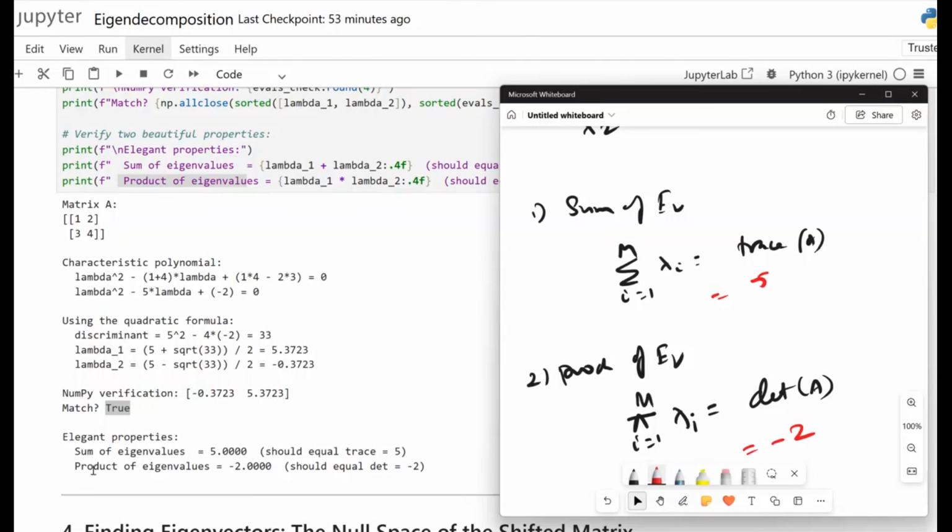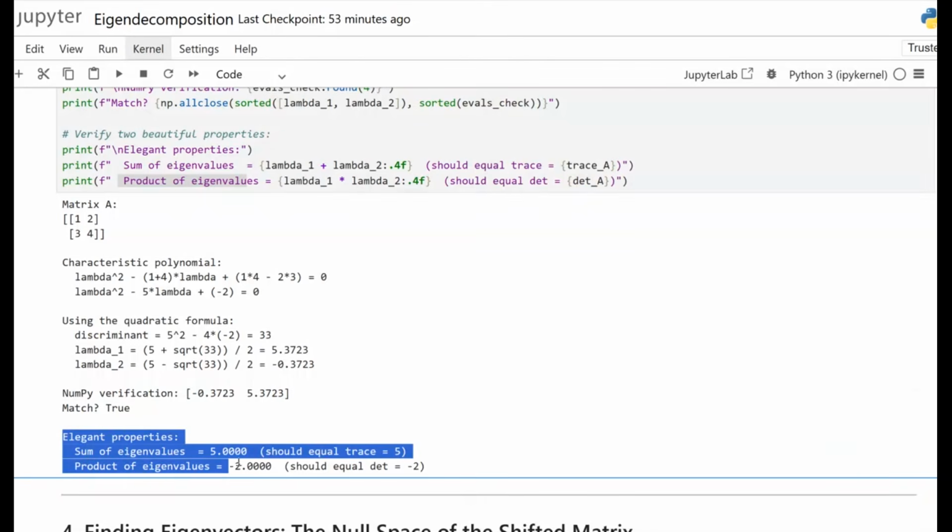So that is what we obtained here: the sum of roots is the trace, and the product of roots is the determinant.